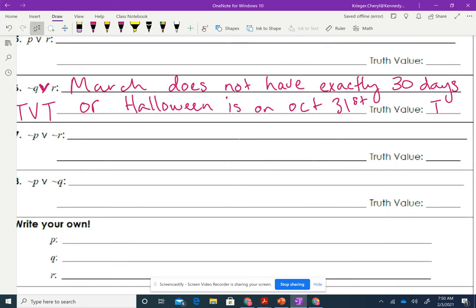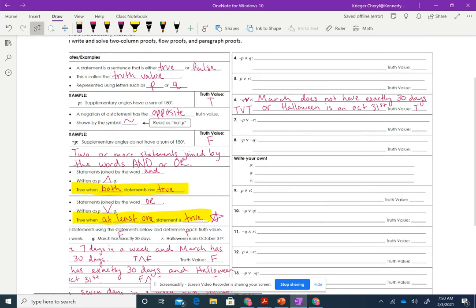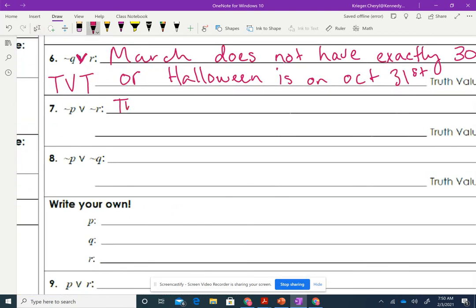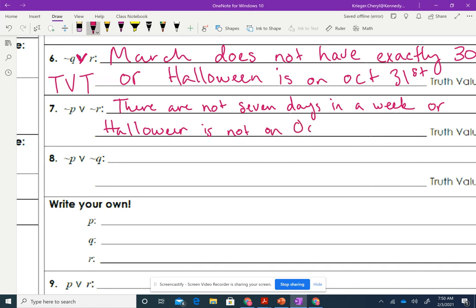So the negation of P or the negation of R would be: P is there are 7 days in a week, so now we have there are not 7 days in a week, or Halloween is not on October 31st.